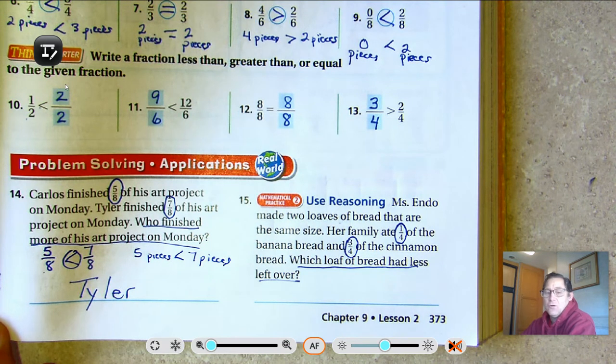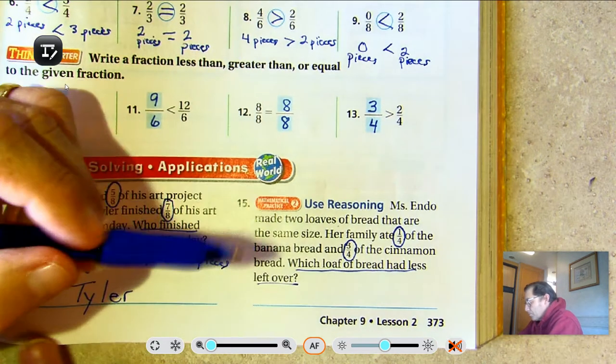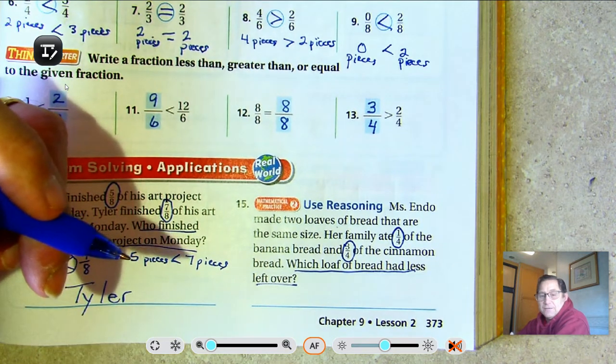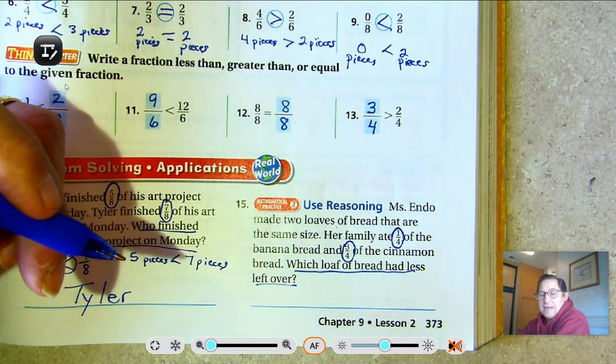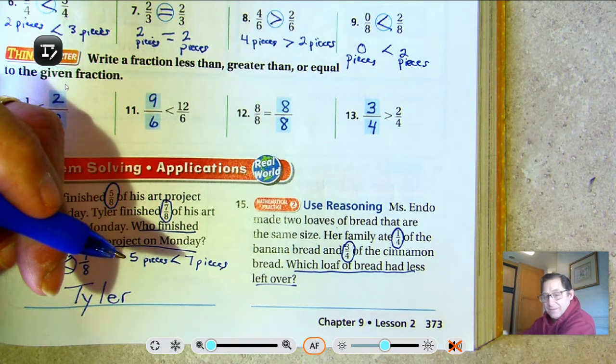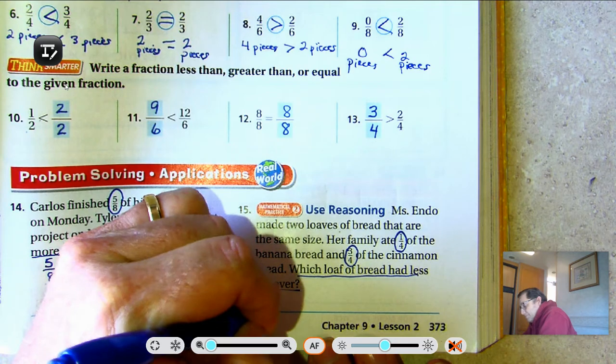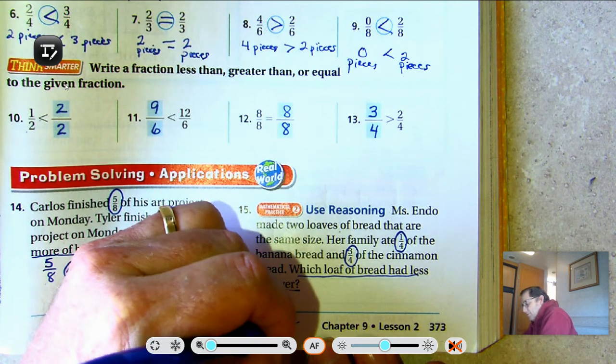Less left over. Well, that implies that which one was eaten, which type of bread had the most eaten, right? If you're going to have the less left over. So we're going to compare 1/4 to 3/4.